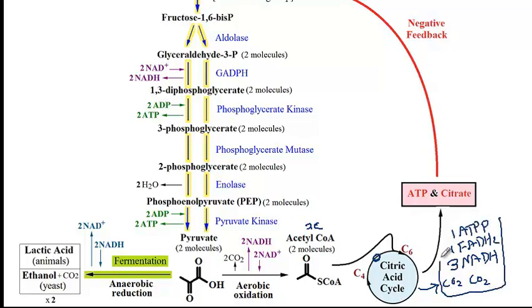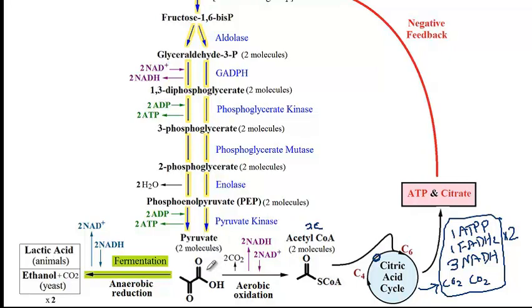But then since everything here is 2 molecules that we are going through, we have to multiply all these numbers by 2. Alright, so we will later on discuss the citric acid cycle in more detail, but for now let's focus on the fate of pyruvate.